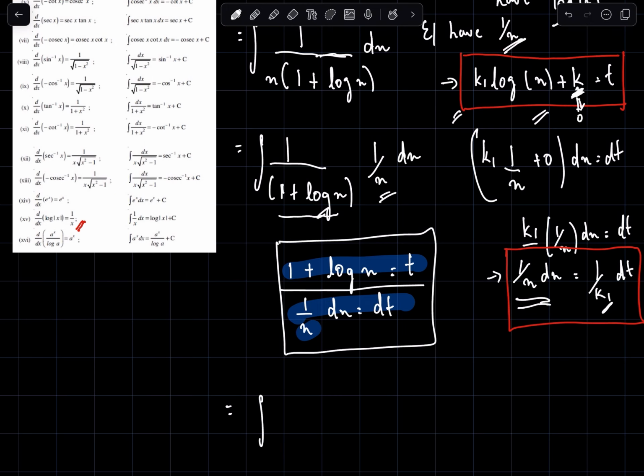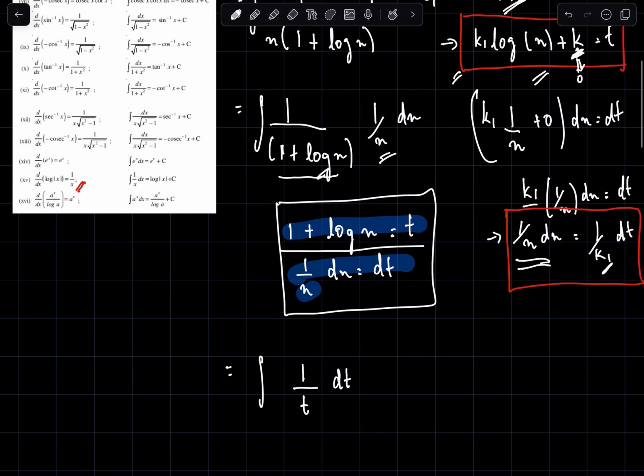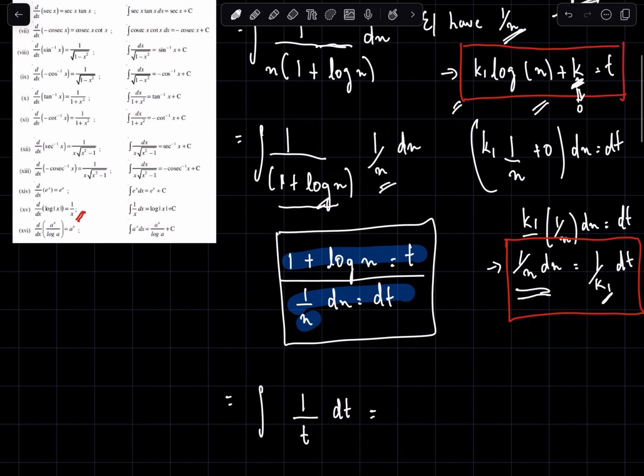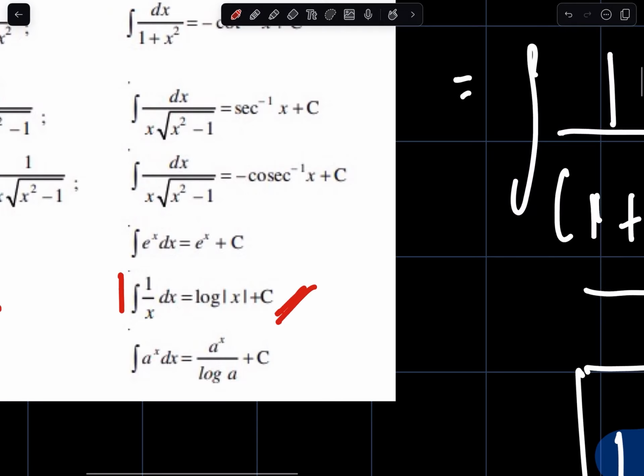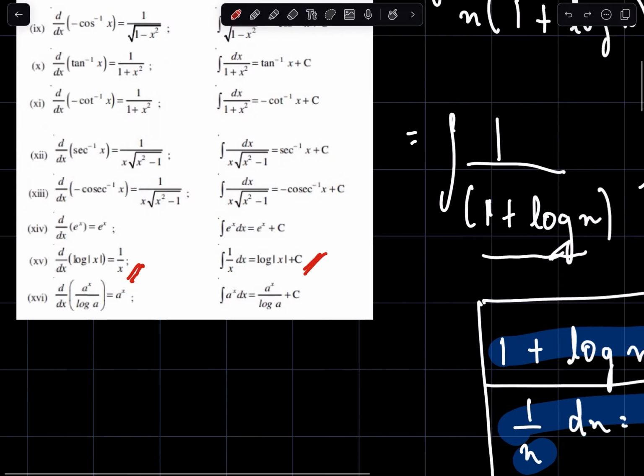So it's integral of 1 over t dt. And what is the integral of 1 over t? Alright, let's look at that. Okay, 1 over t. So you'll use this formula, right? This one. Correct? That's the formula you would use.